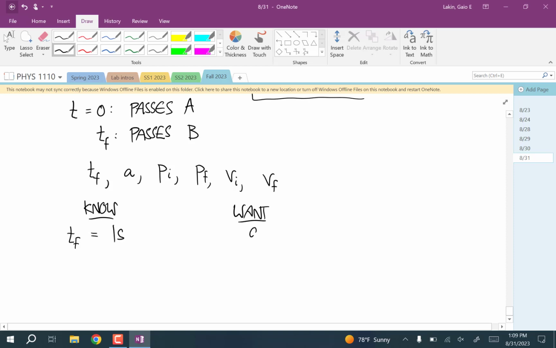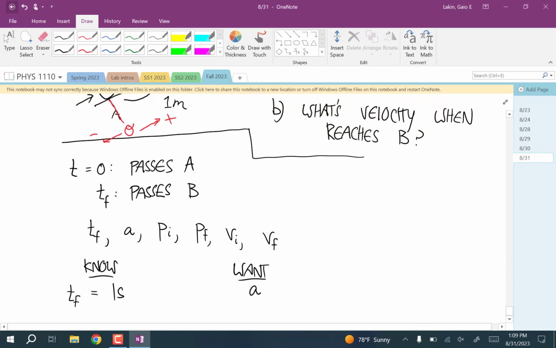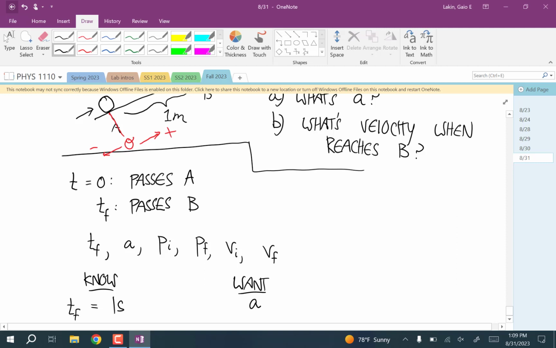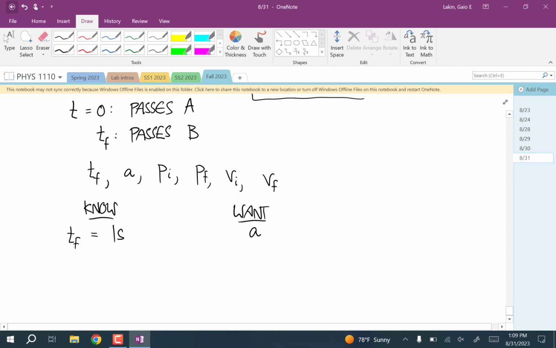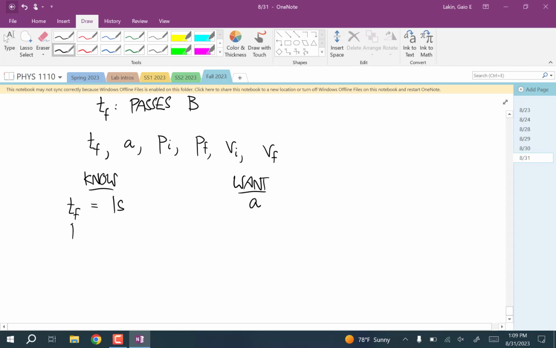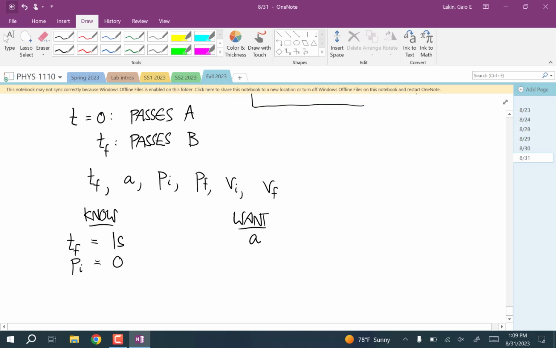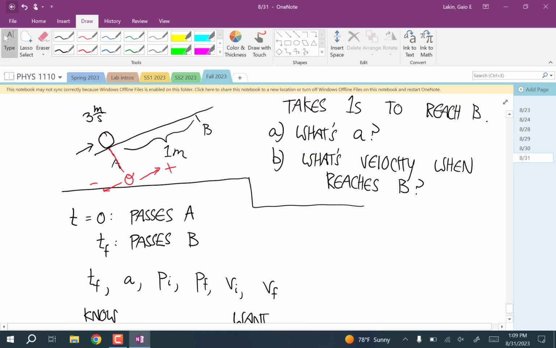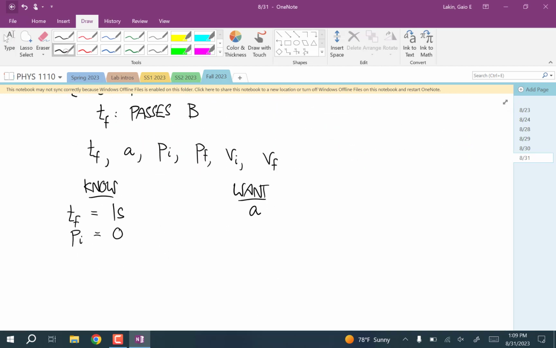We're trying to find the acceleration. Do we know the position when it passes the point A? Yep, that's 0. Do we know the position when it passes B? Positive 1 meter, yep.